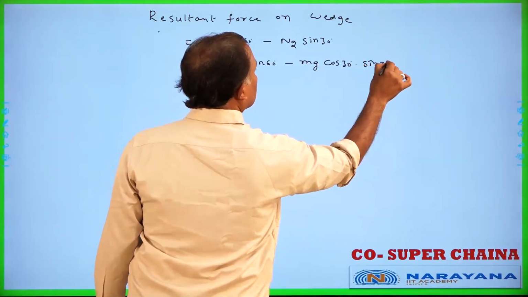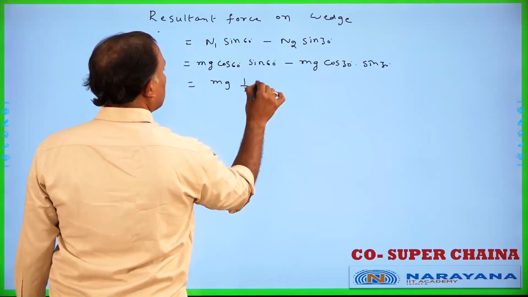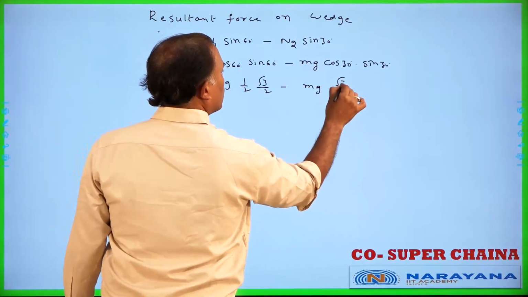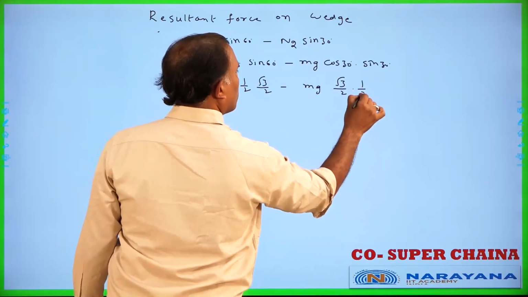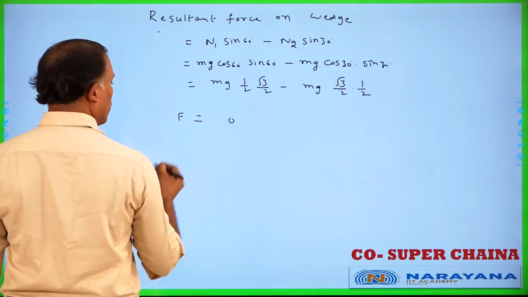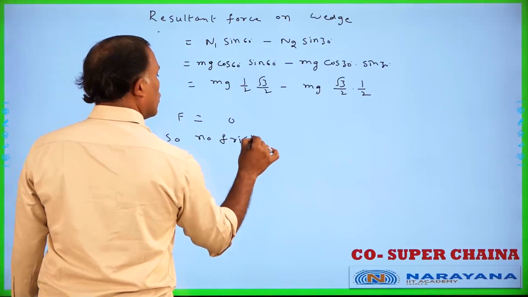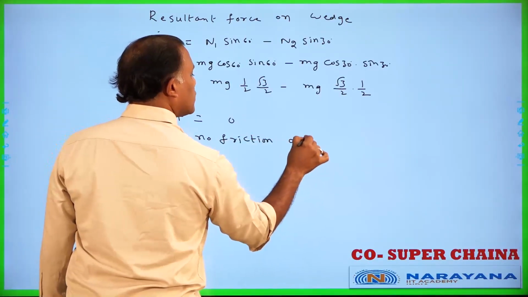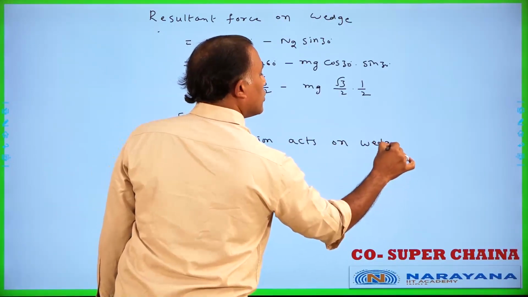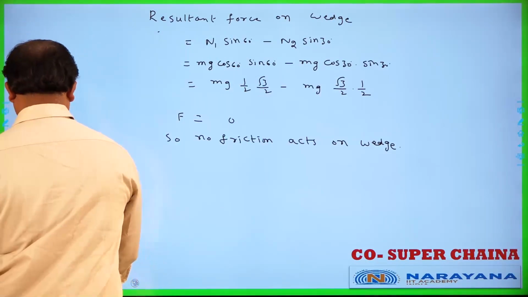So mg times 1 by 2 times root 3 by 2 minus mg times root 3 by 2 into 1 by 2. Thereby the resultant force is 0, so no friction acts on the wedge.